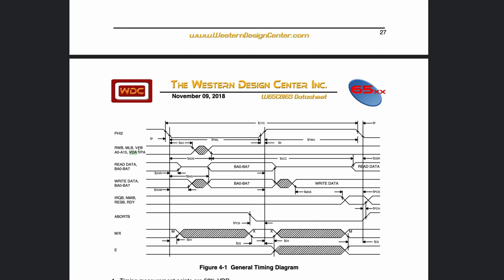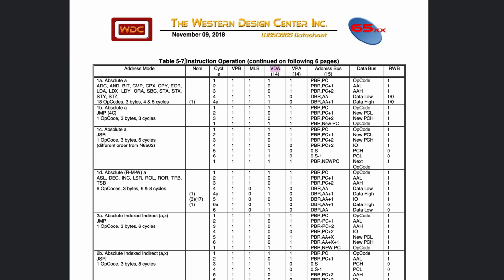In terms of timing, VDA and VPA have the same timing as the address bus and the read-write pin. This is something we already talked about. If you look at the instruction operation table, you can see the state of VDA and VPA for various clock cycles when executing instructions. You can find some states where both VDA and VPA are 0.